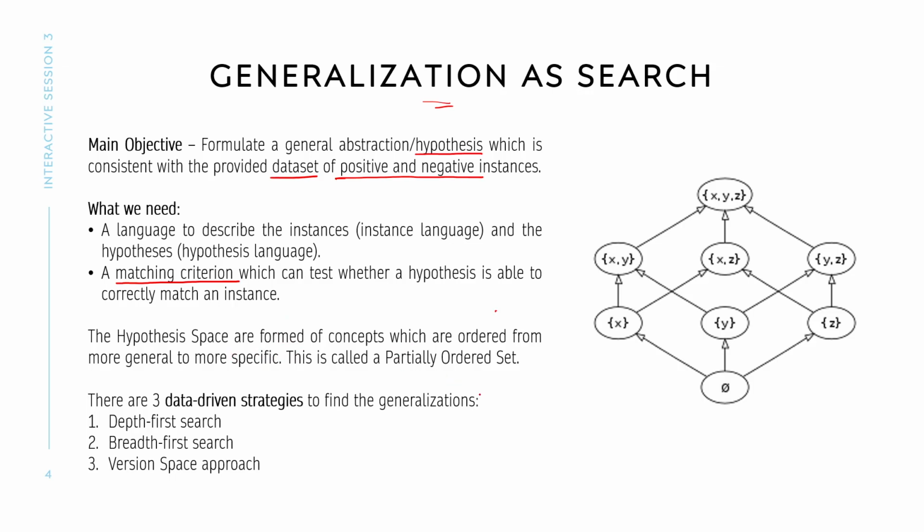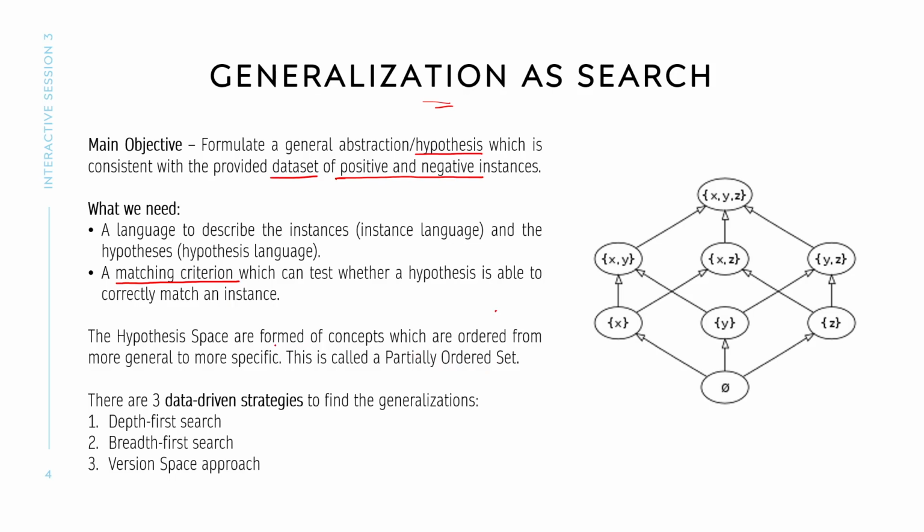The hypothesis space is formed of concepts, or these small generalizations, which are ordered from more general to more specific, right? Here in this example the arrows are in the opposite direction as we are building up this generalization. So we have to start from nothing and then we go up to this massive generalization, right?